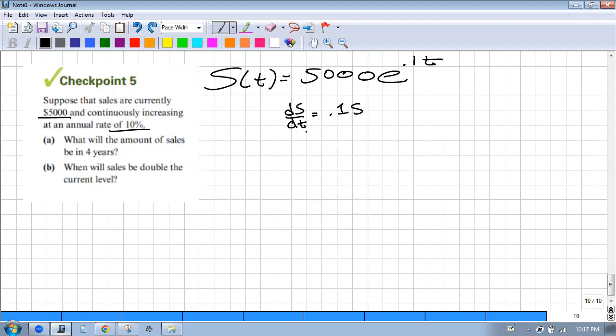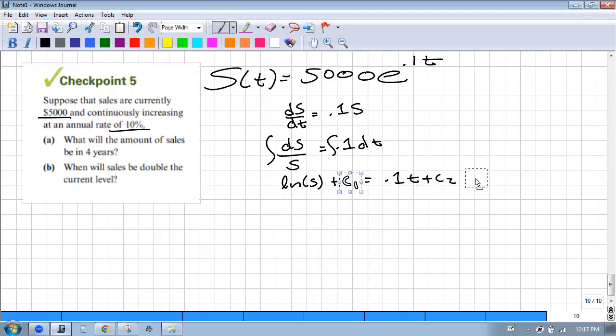All right, so then bring the S underneath, and bring the dt over there, integrate both sides. The integral of 1 over S is natural log of S. Integral of dt is t. Move this over here, and we'll call this m, or whatever.